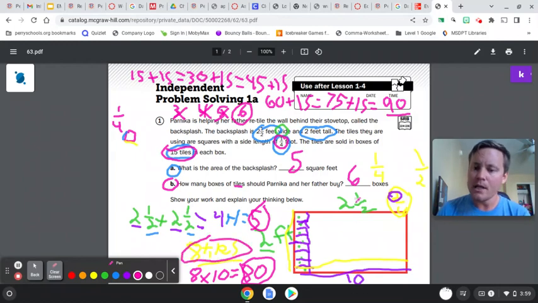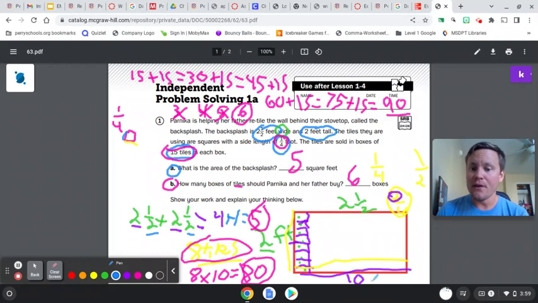And then over here, for the length, it was 2.5. So if 2 feet was 8 tiles, all I needed was 2 more tiles, so that would be 10 total tiles.